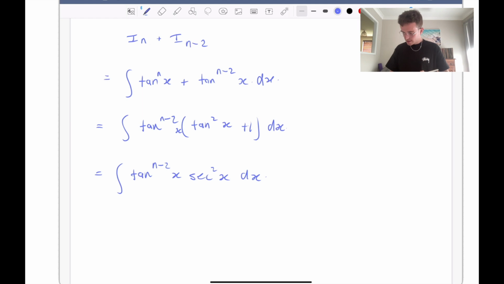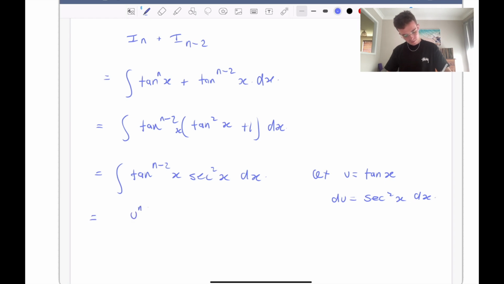And that's quite an easy integral to do because the differentiation of tan of x is sec squared of x. So well, let's go let u equal tan of x, which means du is equal to sec squared x dx. So we can replace that with du.